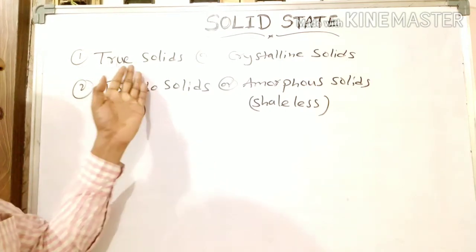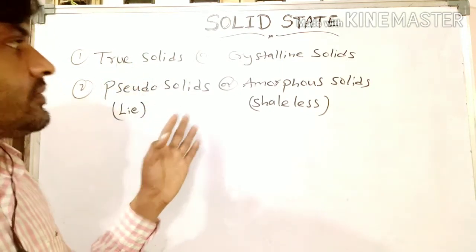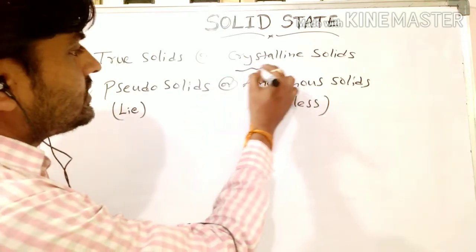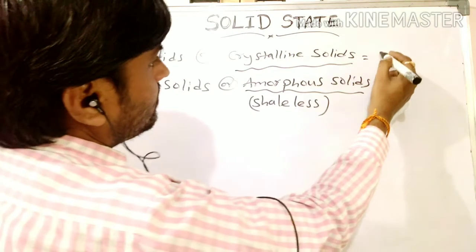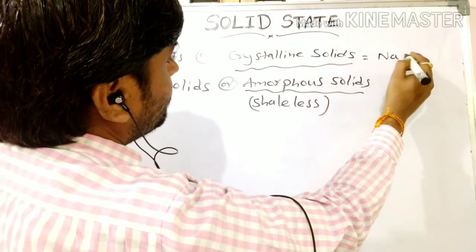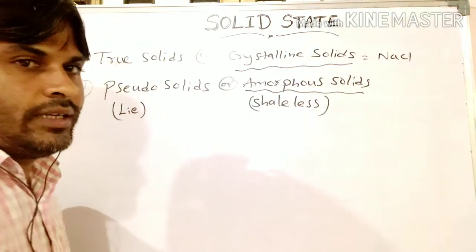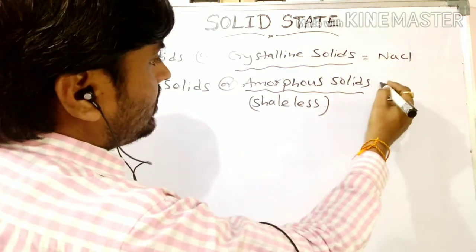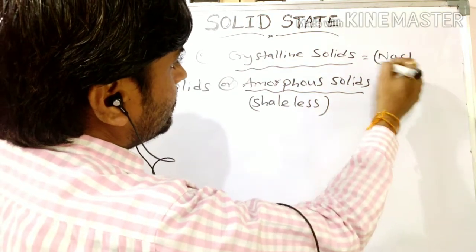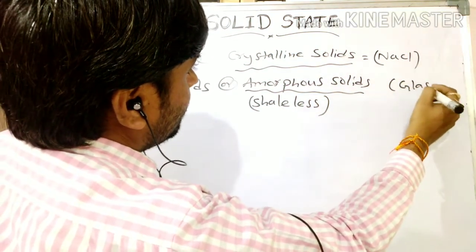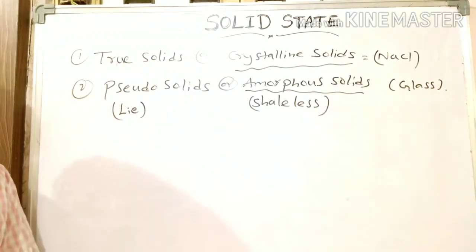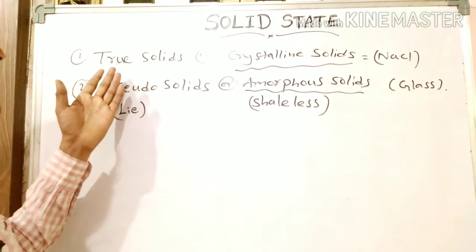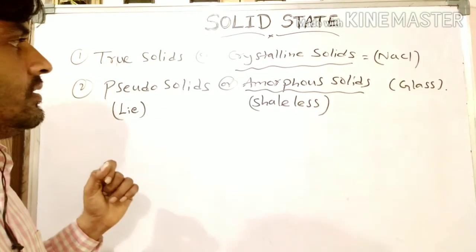So true solids, crystalline solids, and false solids, amorphous solids. Example of crystalline solids is sodium chloride, and for amorphous solids, glass. Now we will study these true solids and pseudo solids.